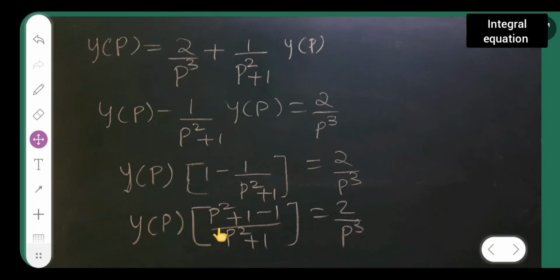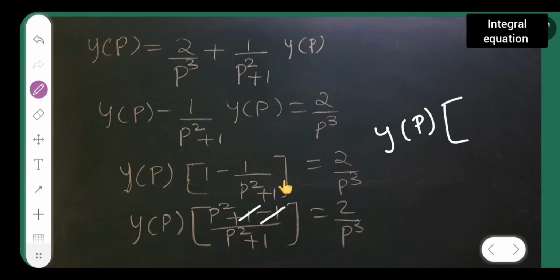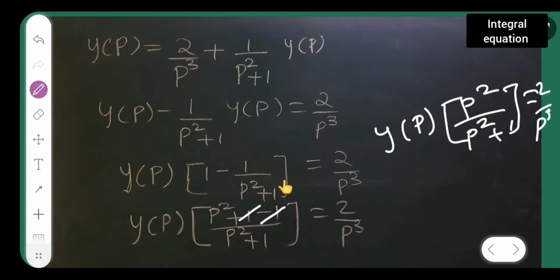Here 1 minus 1 will get cancelled, and what will remain is y of p square upon p square plus 1, equal to 2 upon p raised to power of 3.